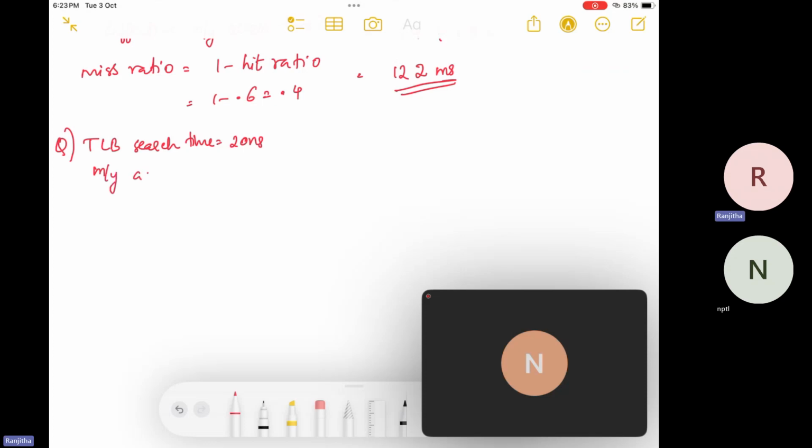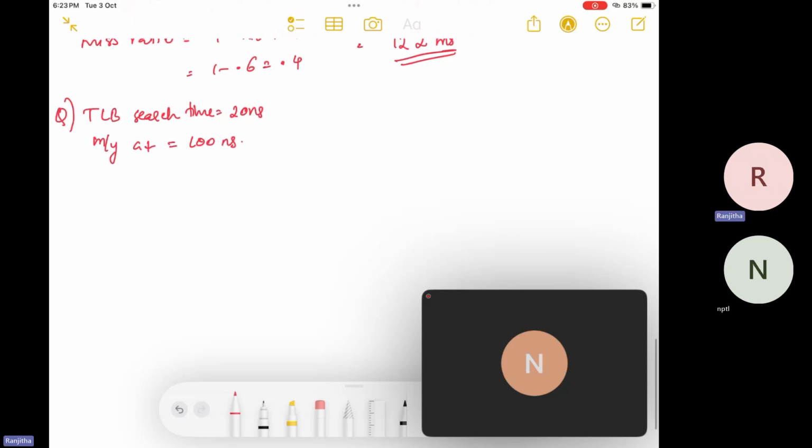Memory access time is given as 100 nanoseconds. Now the TLB hit ratio is given as 80%, 0.8. So what is the expected memory access time? So this is the question.